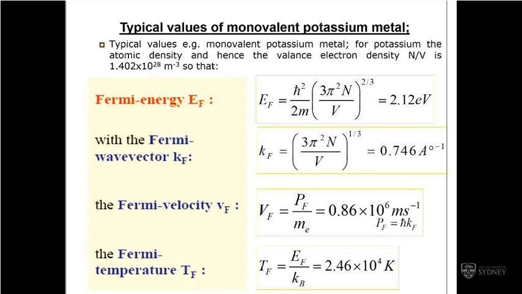And you can also work out the Fermi temperature. Remember, energy at the Fermi level is equal to k_B times T_F. So you can just invert that and get an idea of the Fermi temperature. It's always going to be something of this order of magnitude, say something times 10 to the 4 Kelvin. It's a big number.